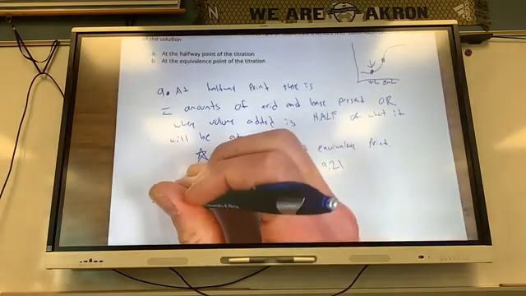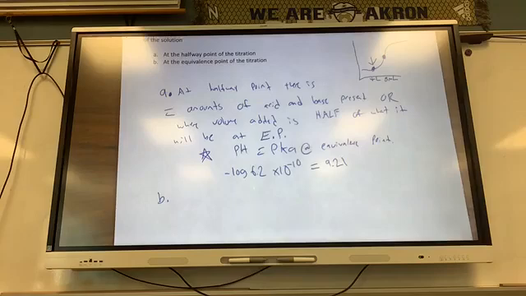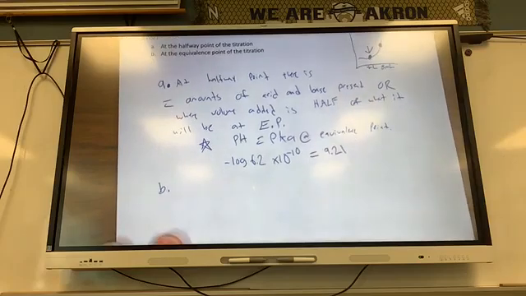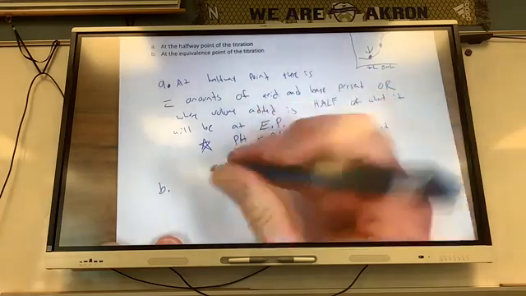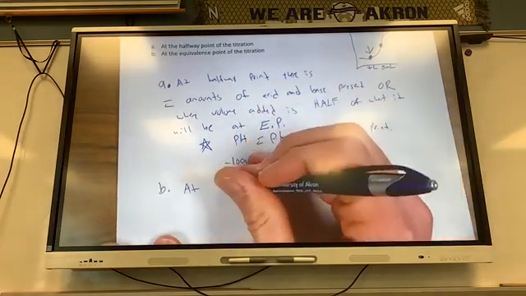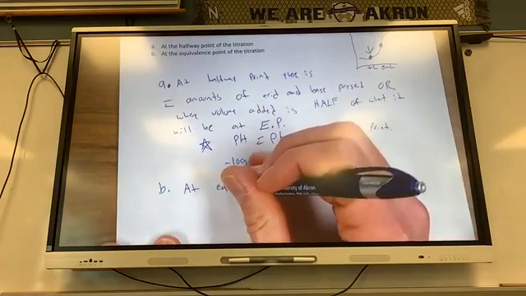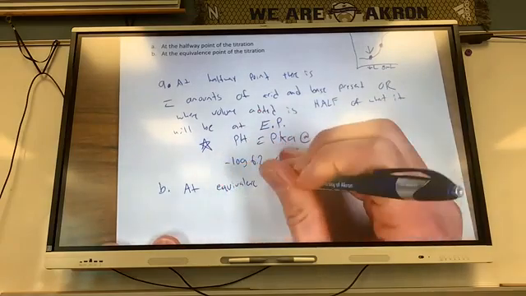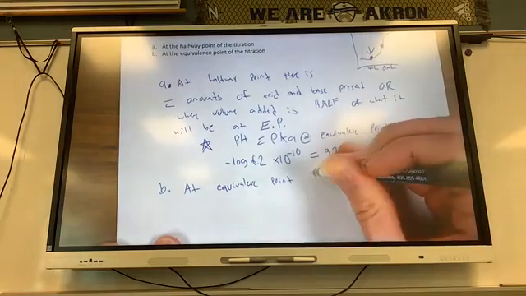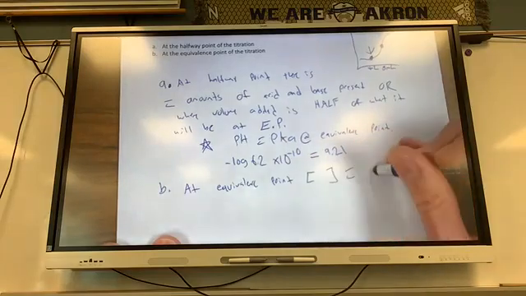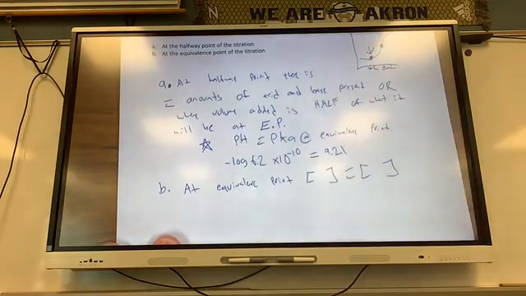Letter B. Letter B says at the equivalence point of the titration. Well, what is equal at the equivalence point? At the halfway point, I have my acid and base equal. Do you guys remember what's equal at the equivalence point? It's two concentrations. Concentration of something is equal to concentration.